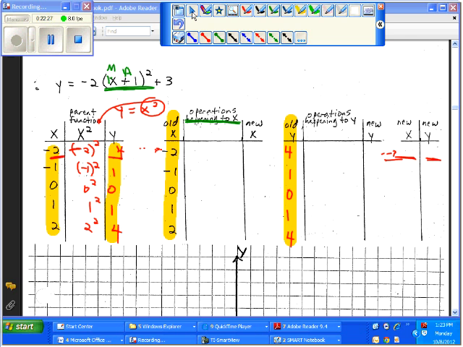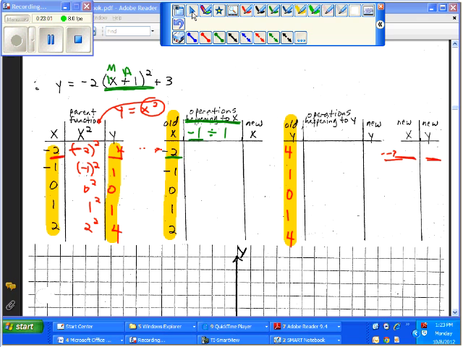Which one of those two, multiplication or addition, would you undo first? Undo addition. So the first thing we would do is subtract 1, and then we would undo the multiplication by dividing by 1. So to figure out where the x of that parent function point ends up, you do what's inside in the inverse order of operations according to the rules of undoing.